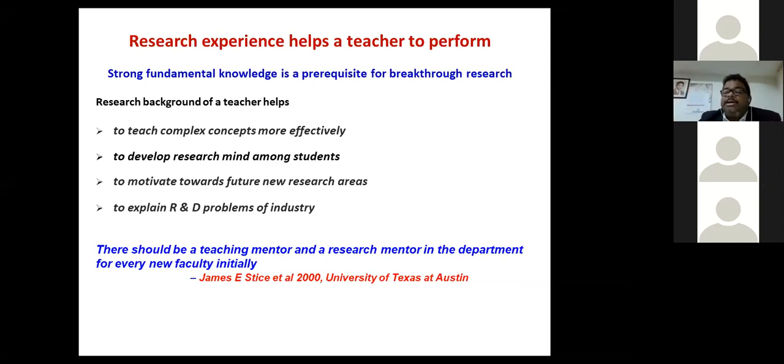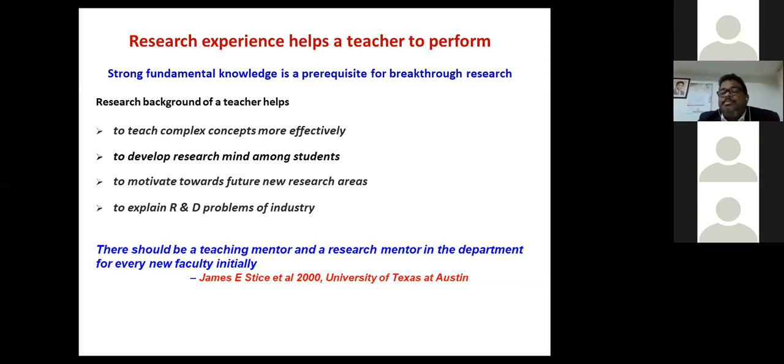Another thing is consultancy: if you discuss with them, you will understand what problems they are facing, and then you can work with them. You can tell them that you can give the solution, and in that way people get consultancy. Another thing is patent ideas. Industries always work in advanced areas.